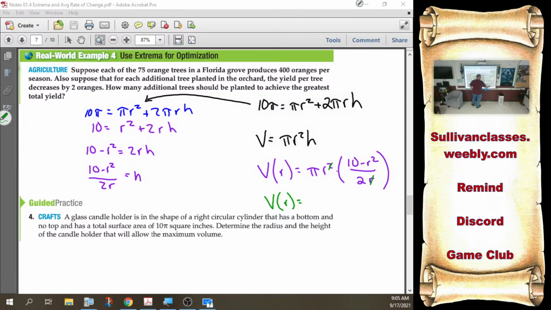So cancel, cancel. Distribute pi. 10 pi minus pi r cubed over 2. So you can either use the full green thing or the purple thing. It doesn't matter. You're going to dump it in your calculator, and it's going to be some goofy function that's going to have a maximum to it.